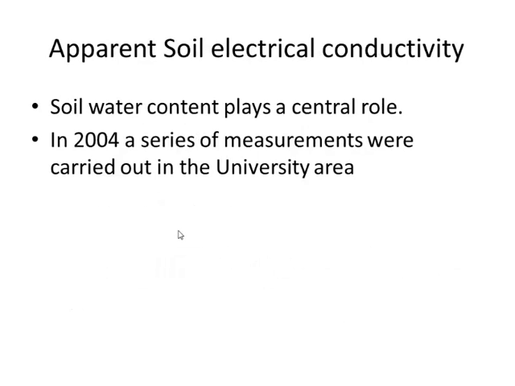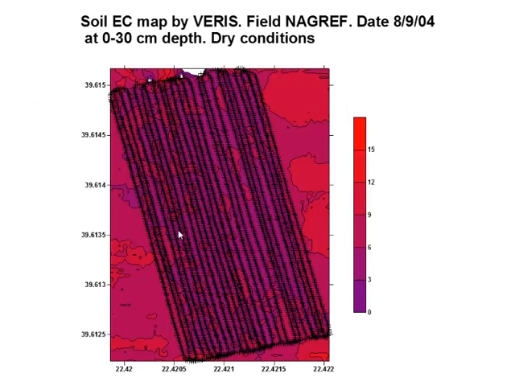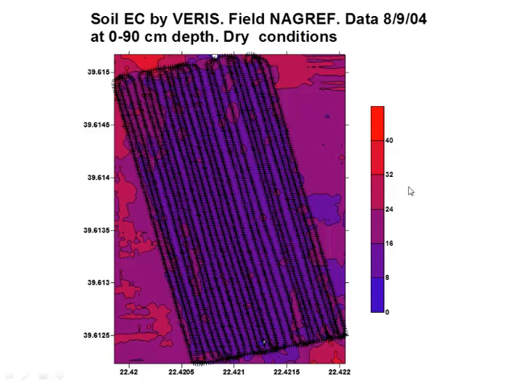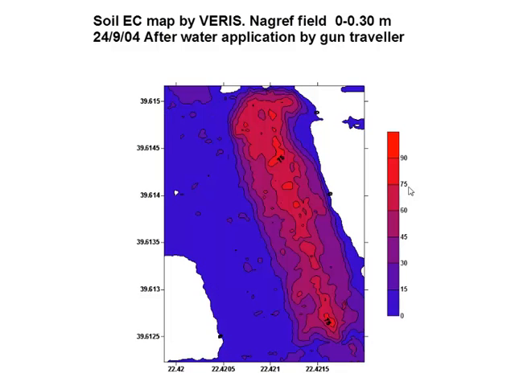To give you a picture of the situation, these are some measurements we have done in one of our fields. Very dry. You see values of electrical conductivity very low. This is the electrical conductivity at depth, much lower. Then we had the traveler irrigator and we irrigated.